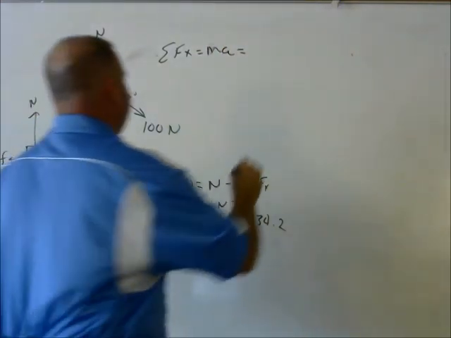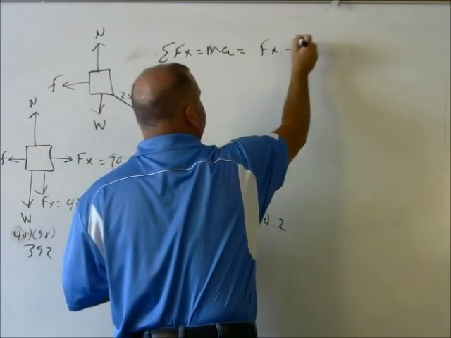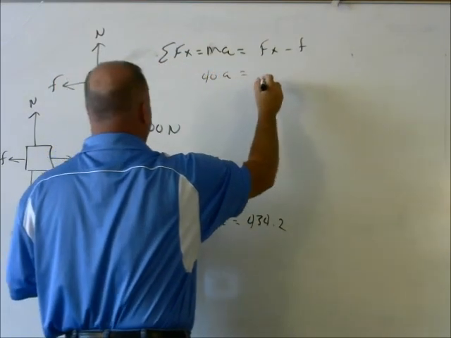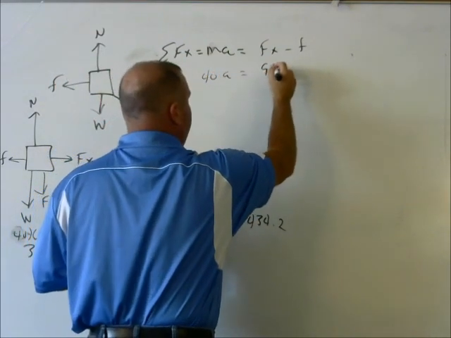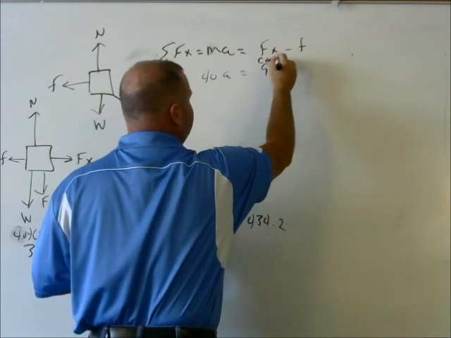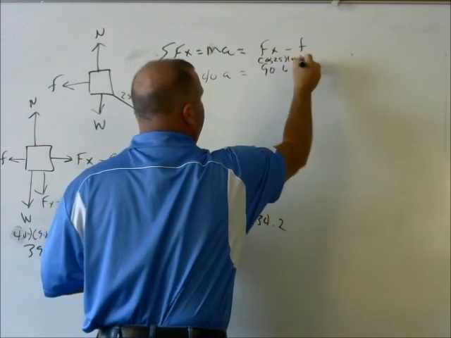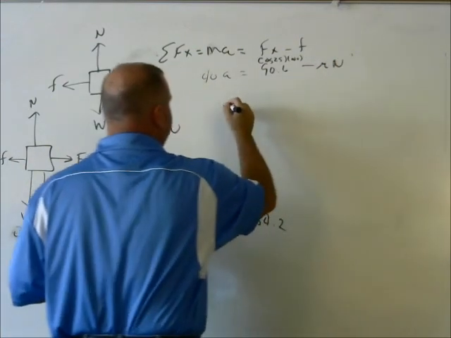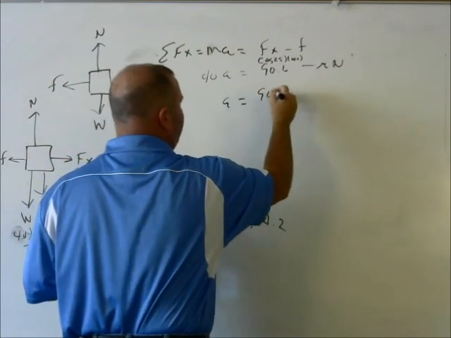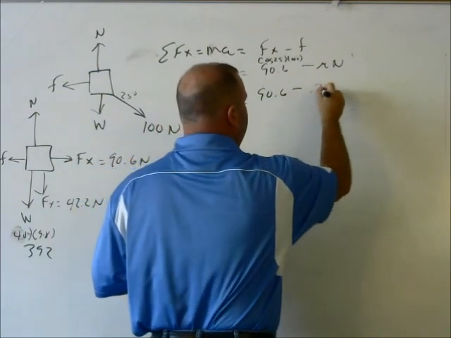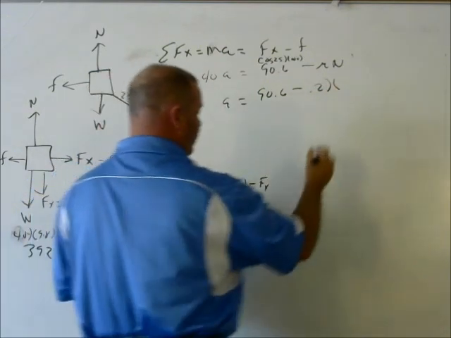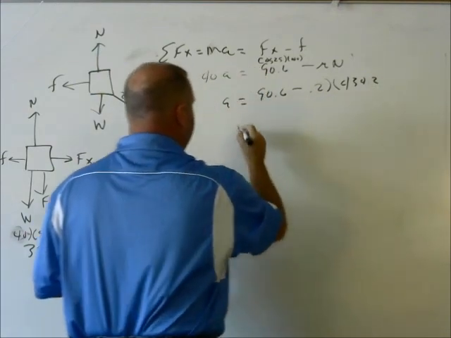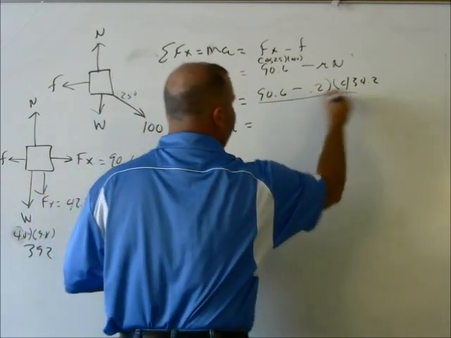And those forces should be Fx minus friction. So I have 40A should be equal to 90.6, which was cosine 25 times 100, minus friction, which is mu normal. So A equals 90.6 minus 0.2 times 434. And A should be all that over 40.